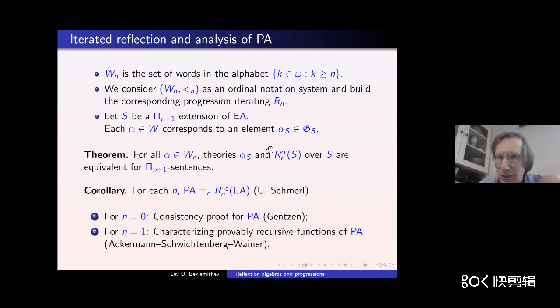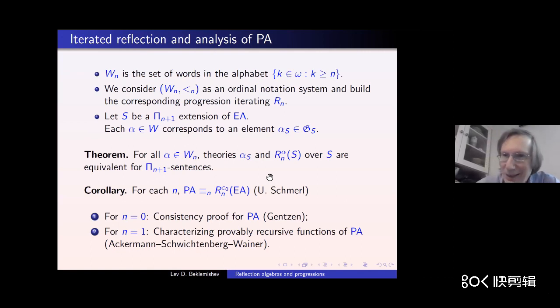But this theorem is a much more refined relation, because in one go it tells you about the proof theoretic strength of various systems composed of various reflection operators. So that's how it in fact works in this approach.